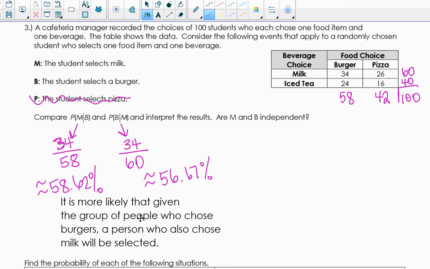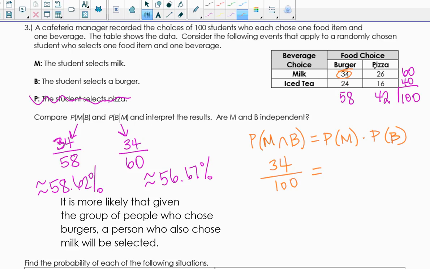So, if we're looking at are they independent, again, we have our independence rule. So, the probability of milk and a burger equals the probability of milk times the probability of a burger. So, milk and a burger is 34 out of 100.